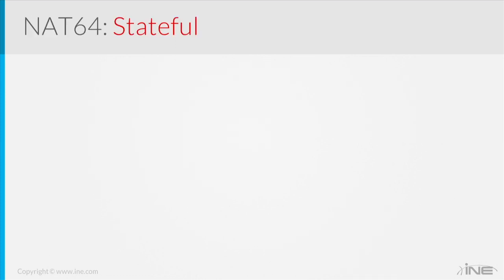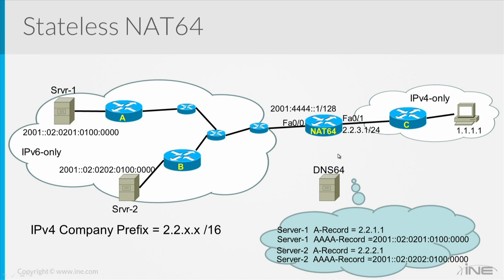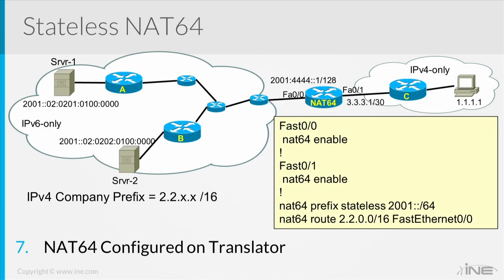So that was stateless NAT64. And notice no state information maintained on the translator itself at all. The only NAT configuration was right here. No NAT state tables, no static translations configured.